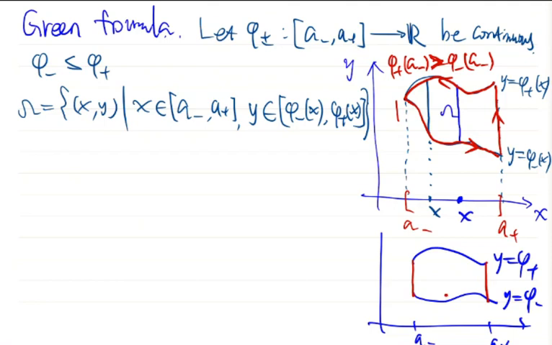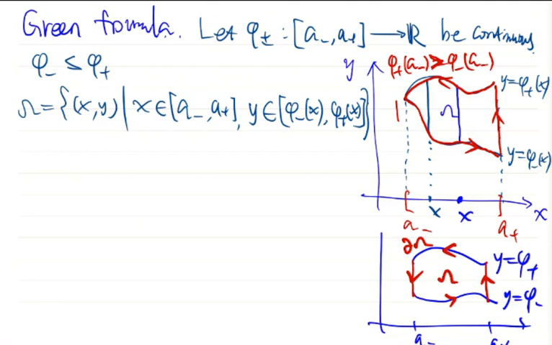The orientation is chosen in this way. The lower boundary will go from left to right, and on the right boundary we go up, and then on the top boundary we go from right to left, and then on the left boundary we go down. Okay, this is the orientation of the boundary of this domain omega.